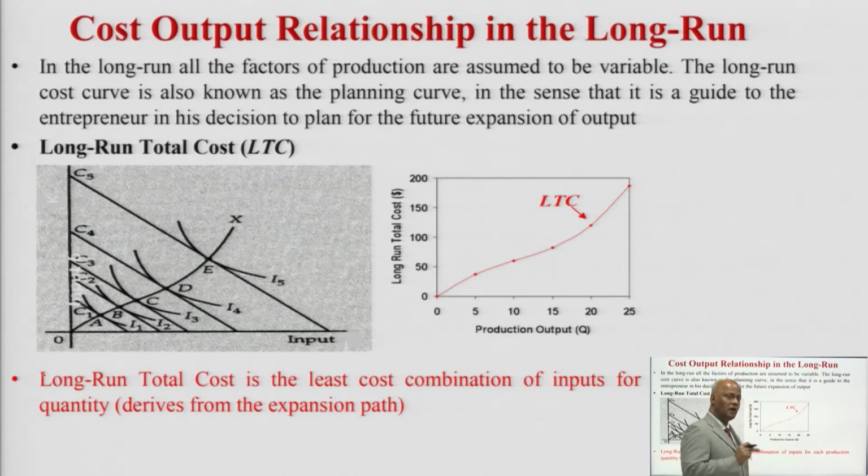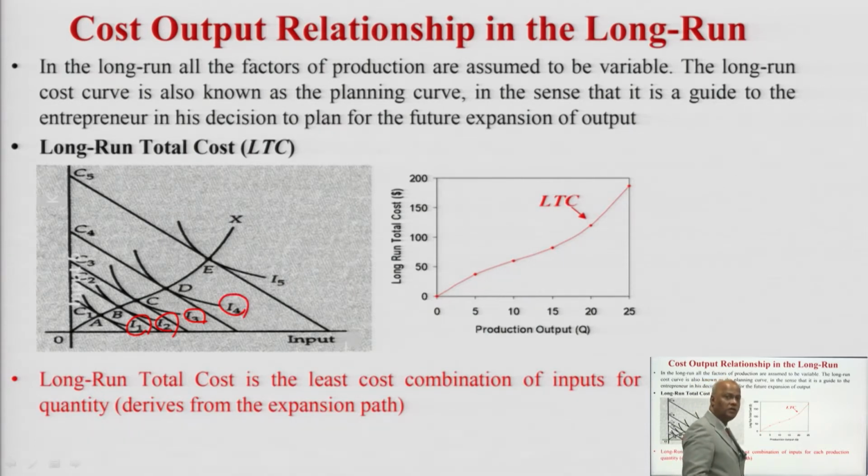One is the isoquant and the other one is the isocost line. Here you can see that I1 is isoquant 1. Similarly, I2 is isoquant 2, and isoquant 3, isoquant 4.